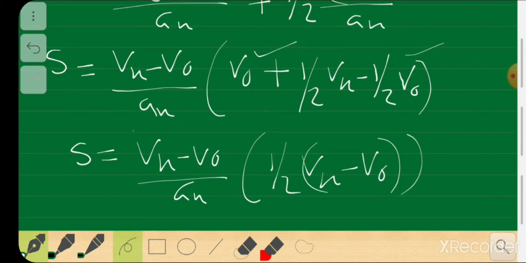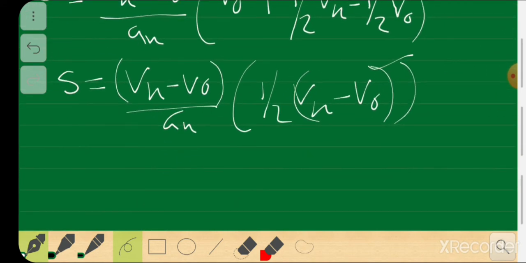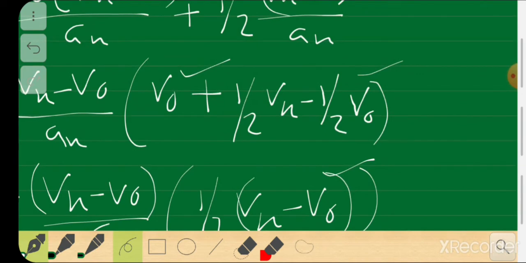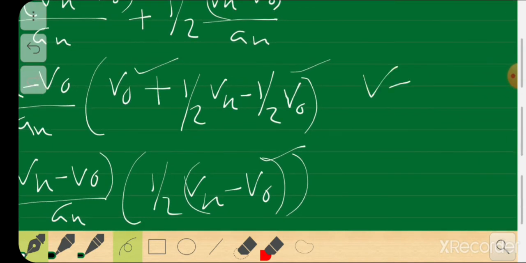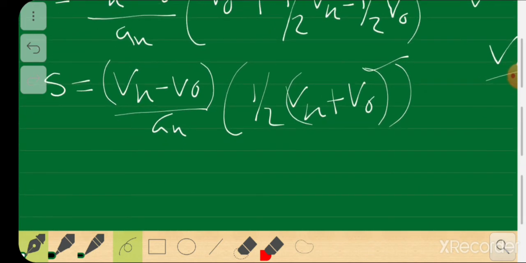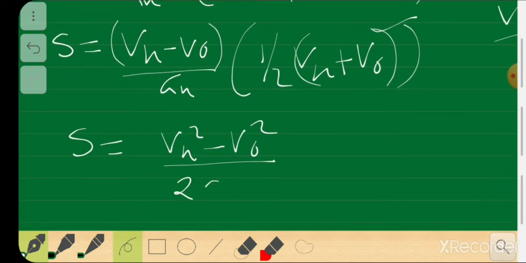Now (vx minus v0) times (vx minus v0), okay, this was not a minus half, it's v0 by 2, so it's a plus sign, sorry about that. So (vx minus v0) times (vx plus v0), a minus b times a plus b, that is just a square minus b square, so that is (vx square minus v0 square) by 2ax, right?